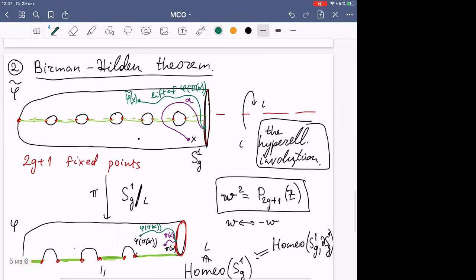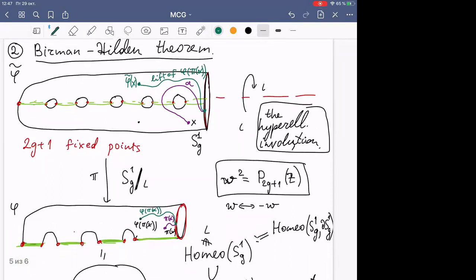Why is this well defined? What do I need to check?